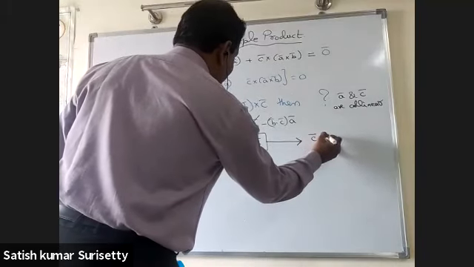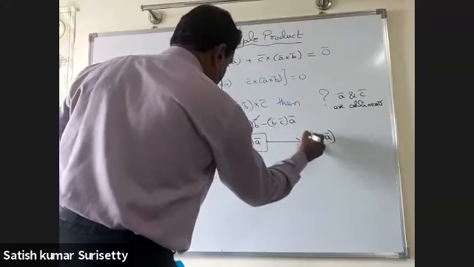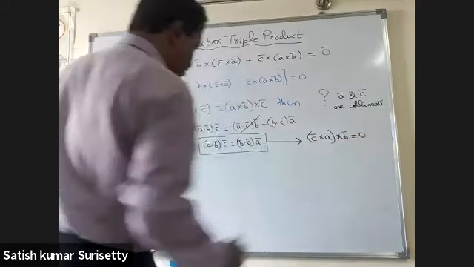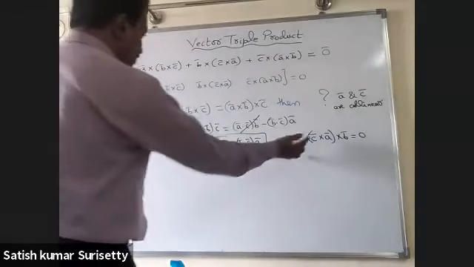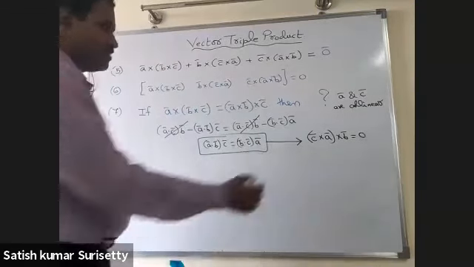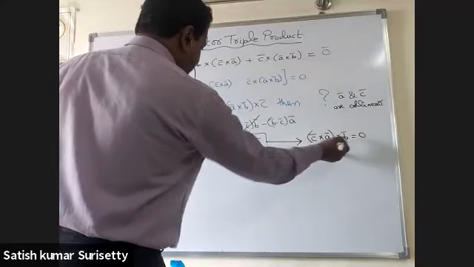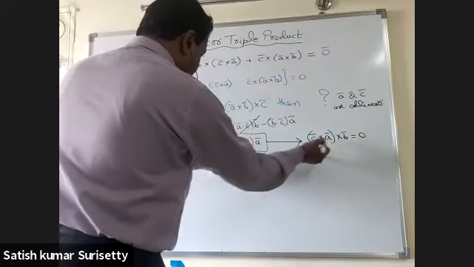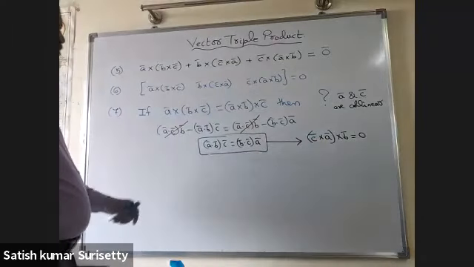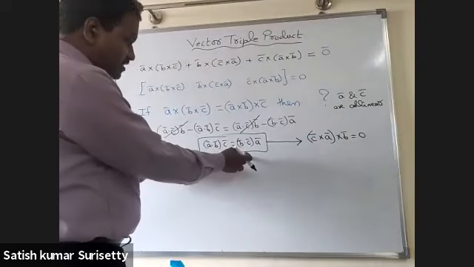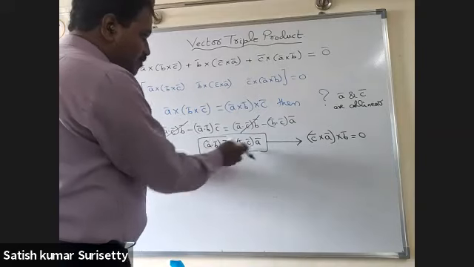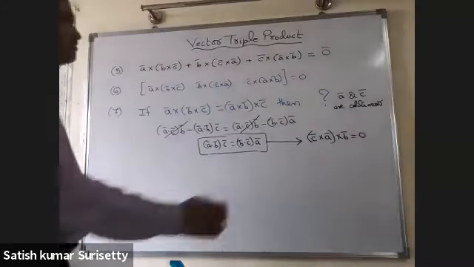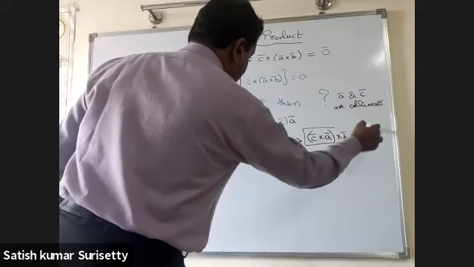C bar cross A bar cross B bar equals 0. Check. Will you get this from this? B dot C into A bar, that is this, minus A dot B into C bar, that is this. That is basically a linear combination of which vectors? C bar and A bar. That means that has to be in brackets. So this is another conclusion.